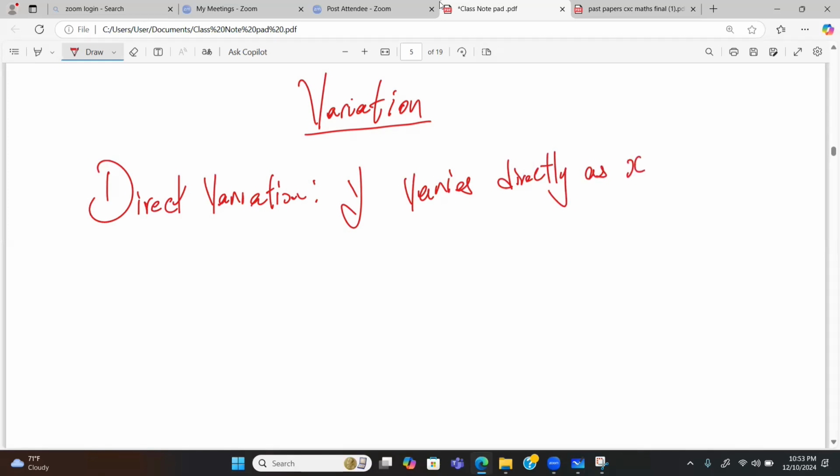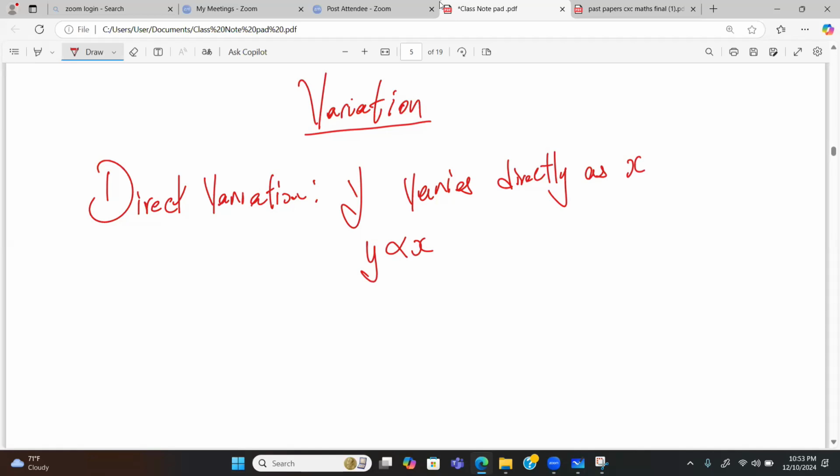What it really means is y, and this is the variation symbol, it varies directly as x. So if y varies directly as x, this is what it really looks like.